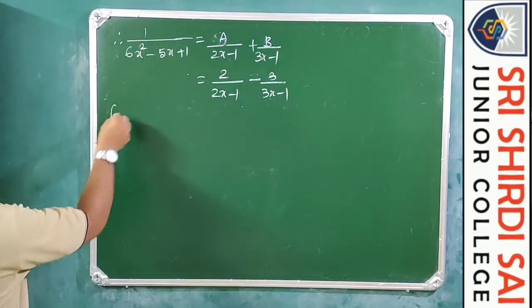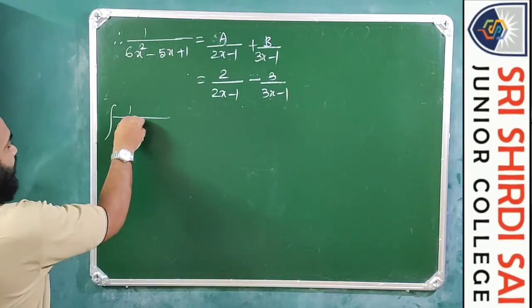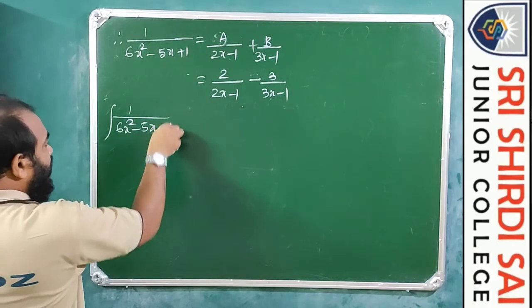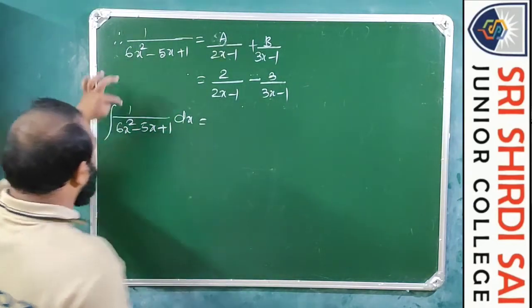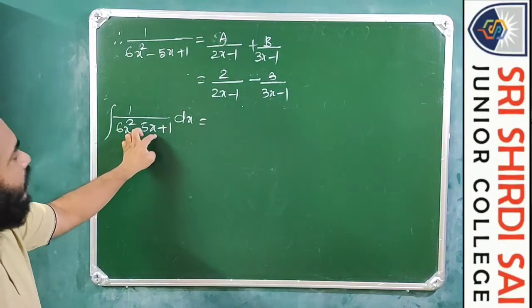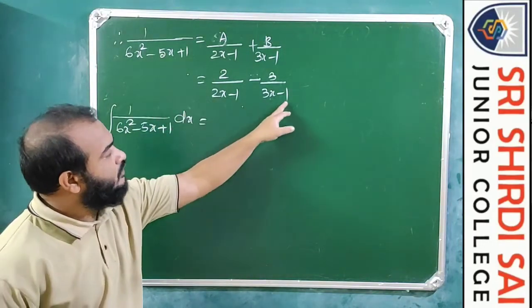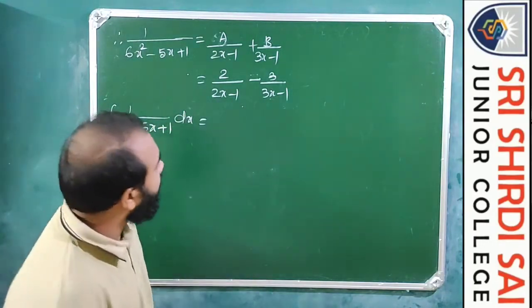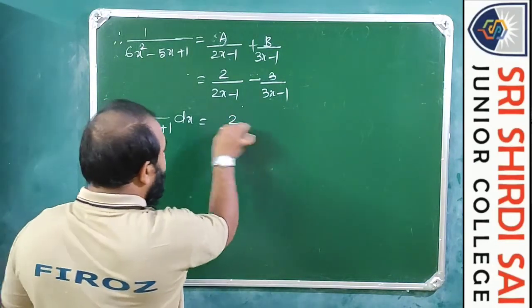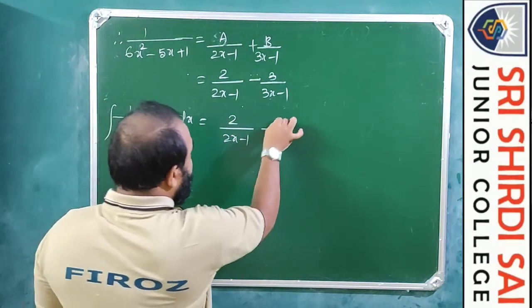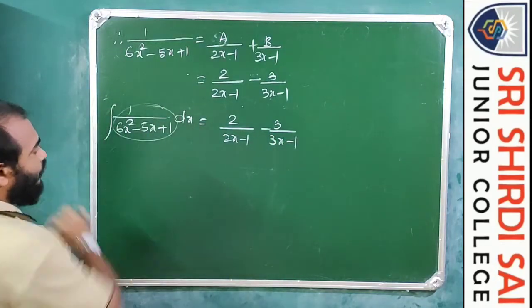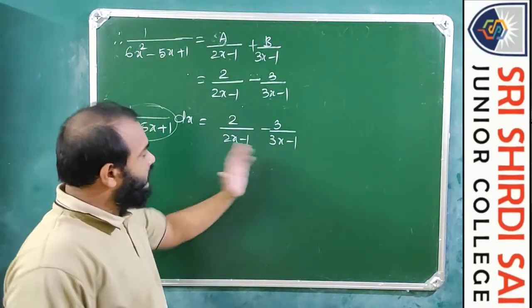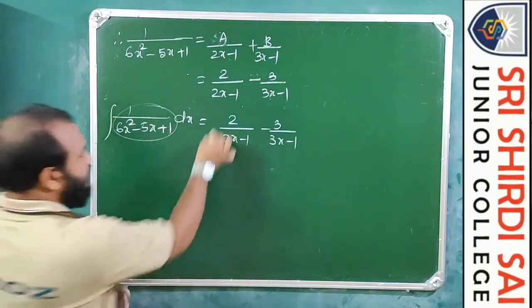So we want the integral of 1 by 6x square minus 5x plus 1 dx, which is 2 by 2x minus 1 minus 3 by 3x minus 1. I have replaced it with this, integral dx.